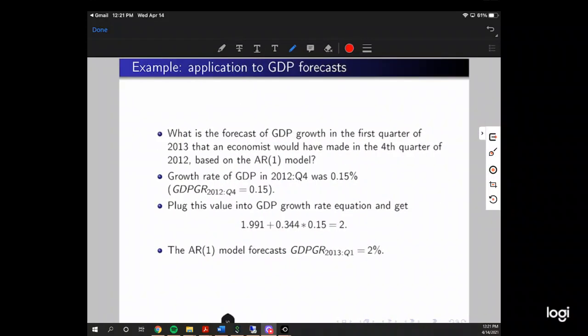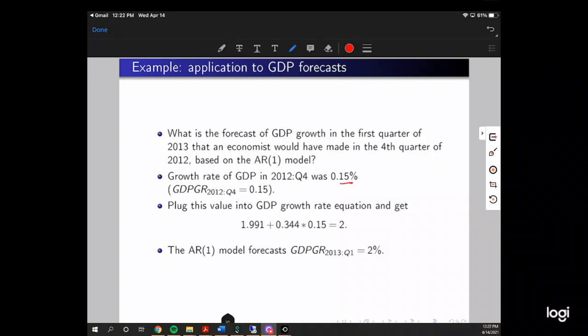So here is an application: GDP forecasts. What is the forecast of GDP growth in the first quarter of 2013 that an economist would have made in the fourth quarter of 2012 based on the AR1 model? The growth rate of GDP in 2012 quarter 4 was 0.15%.